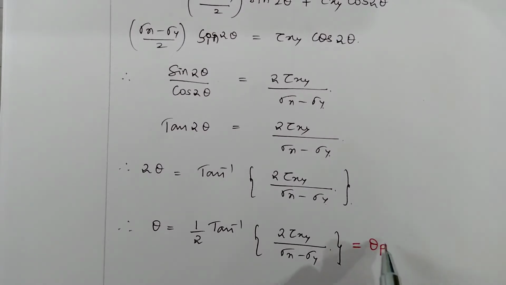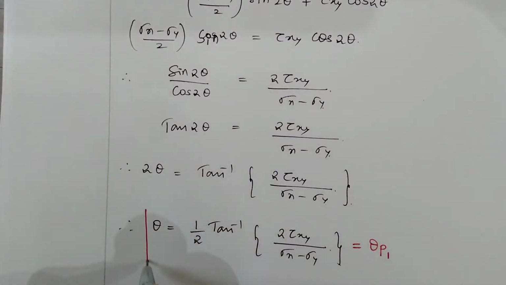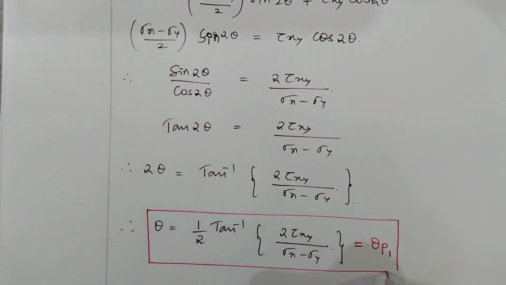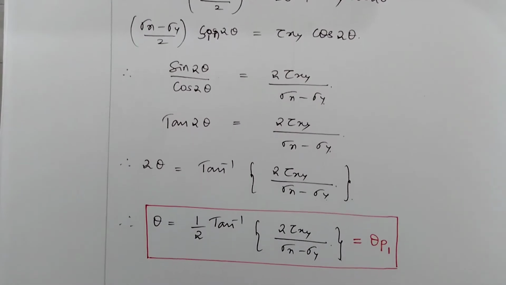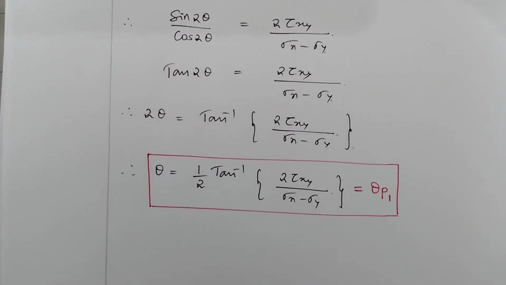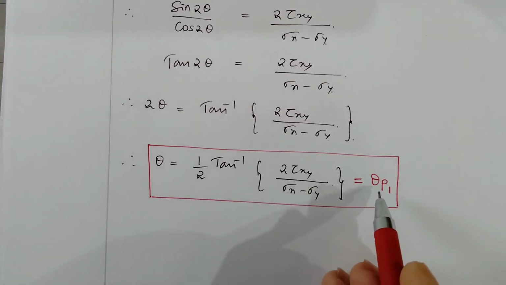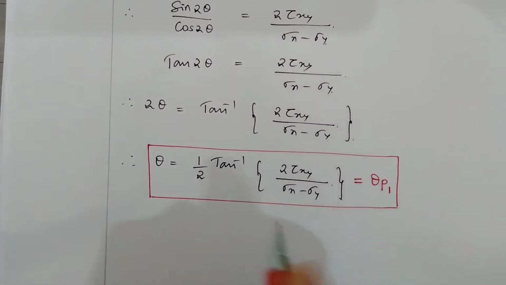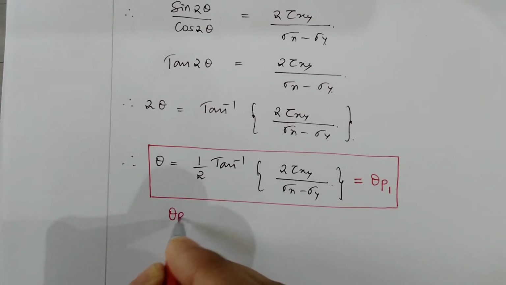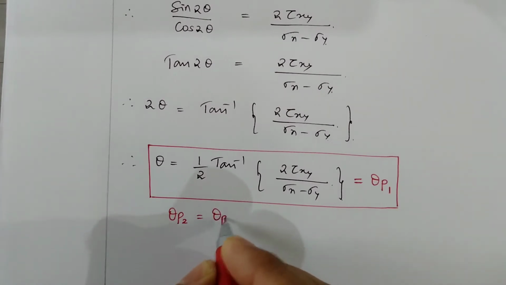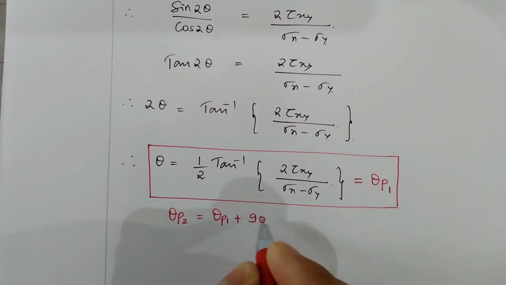I am writing 1 because I have already told you there are two mutually perpendicular principal planes. So this is the angle or location of the first principal plane. The location of the second principal plane, which is theta P2, is given by theta P1 plus 90 degrees.